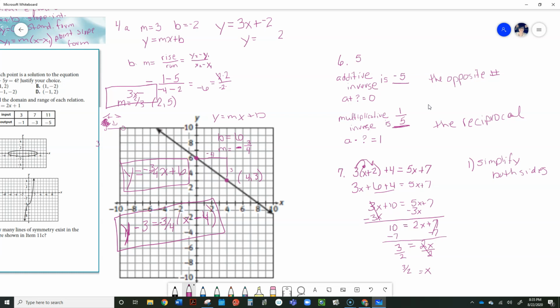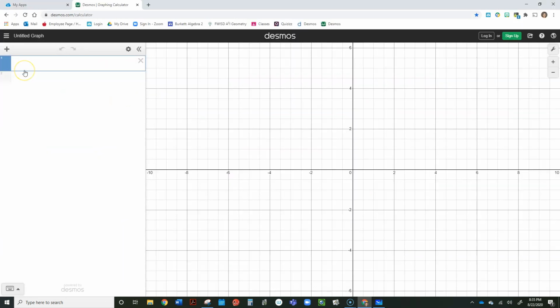You can check it in Desmos by typing one side of the equation on y1, on this first line. So we would type in 3 in the parentheses, x plus 2, close the parentheses, and then we'd say plus 4. And then type in the second one down here.